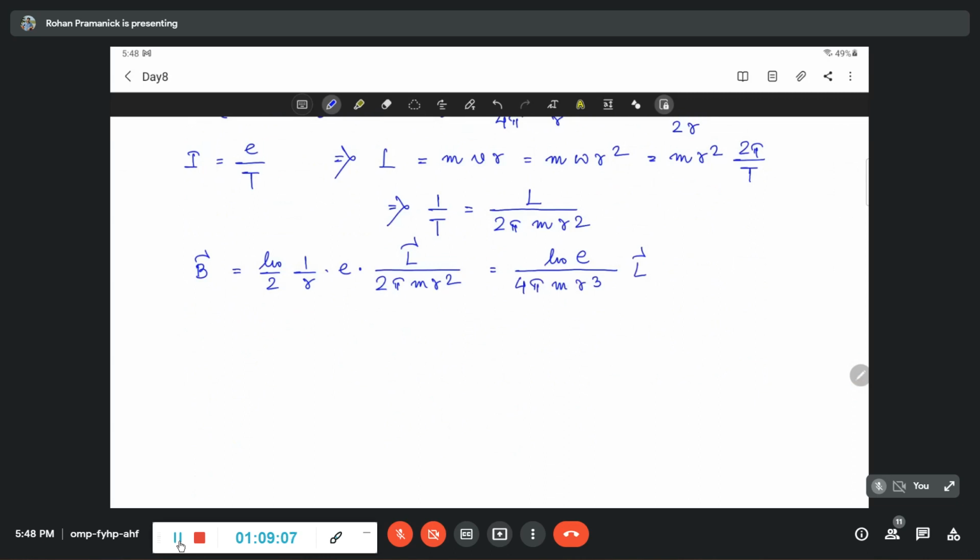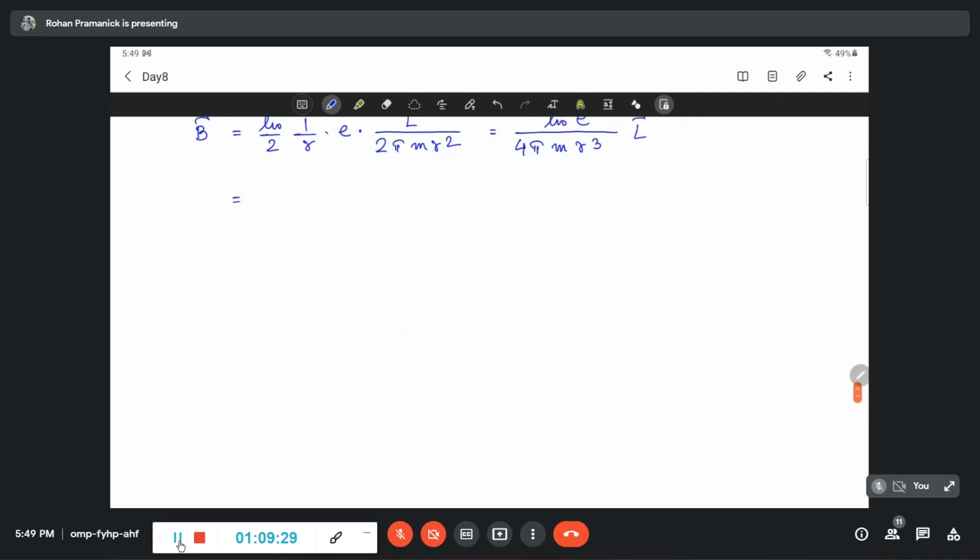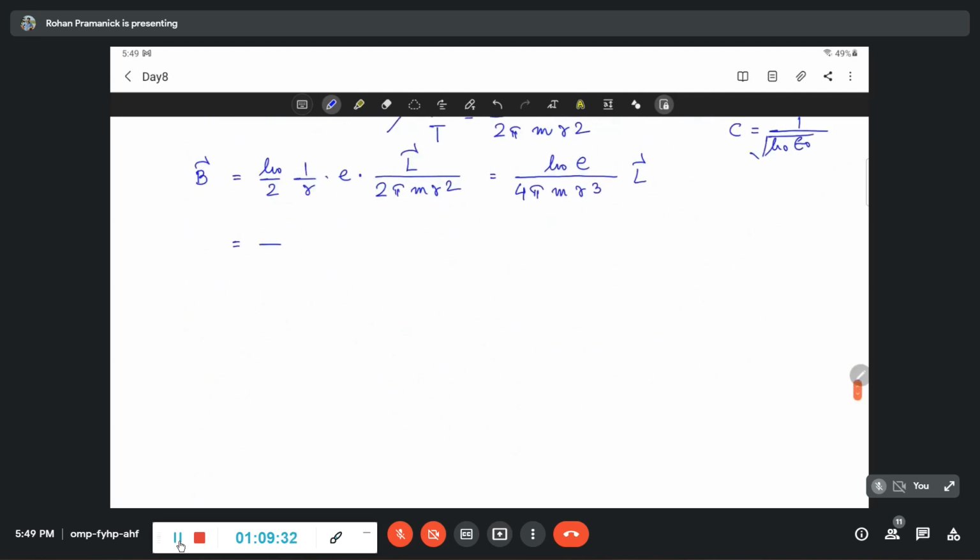So this mu, we will substitute in terms of epsilon 0, and you know the combination that c equals 1 by root of mu naught epsilon naught, right? So what happens? 1 by mu is epsilon 0 c squared, so mu is 1 by epsilon 0 c squared.